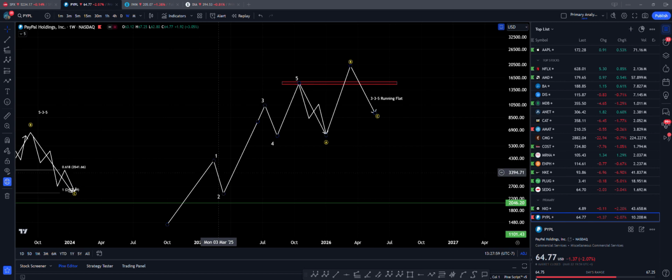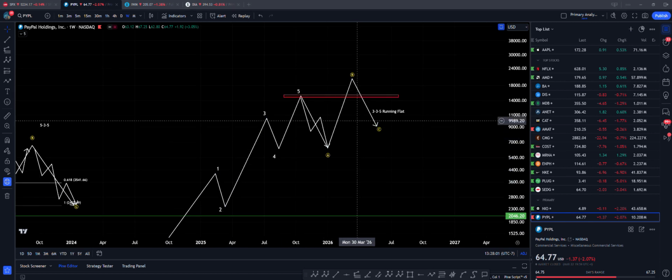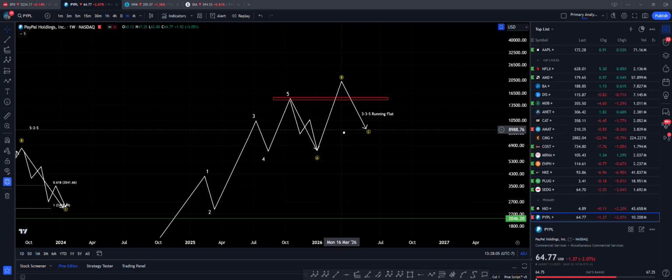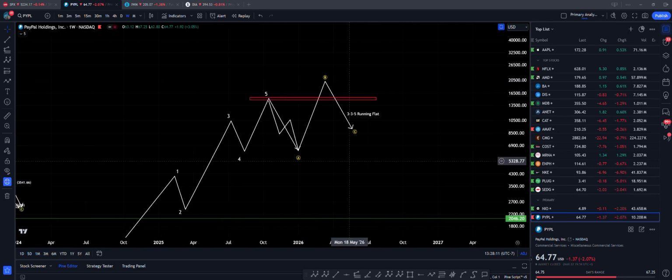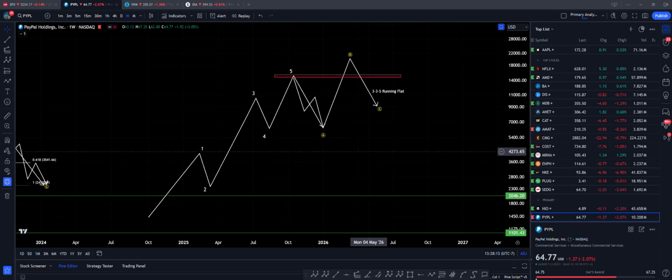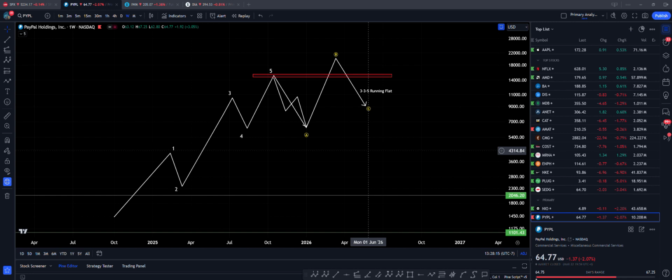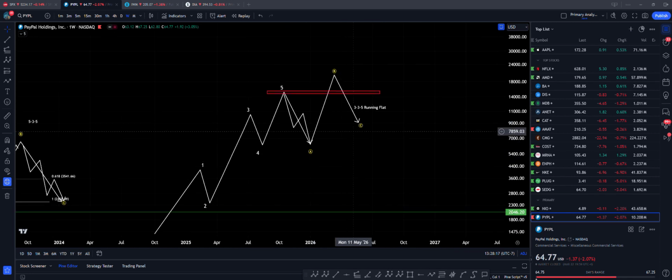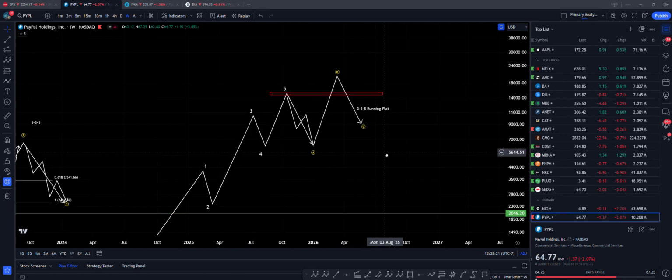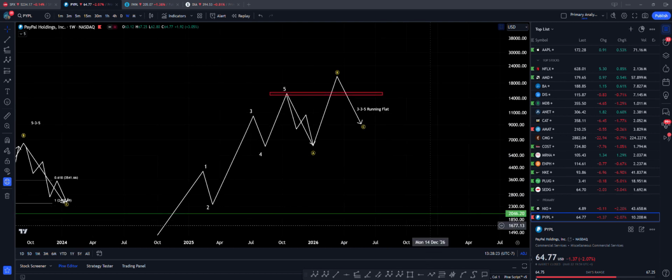So that's what the running flat is, and why it's hard to get longs in here, because the B went in here, but still you got trapped, right? It happens quite often in stocks which are again very desirable, right? So you won't see it very frequently, but something to keep in mind for sure, right?